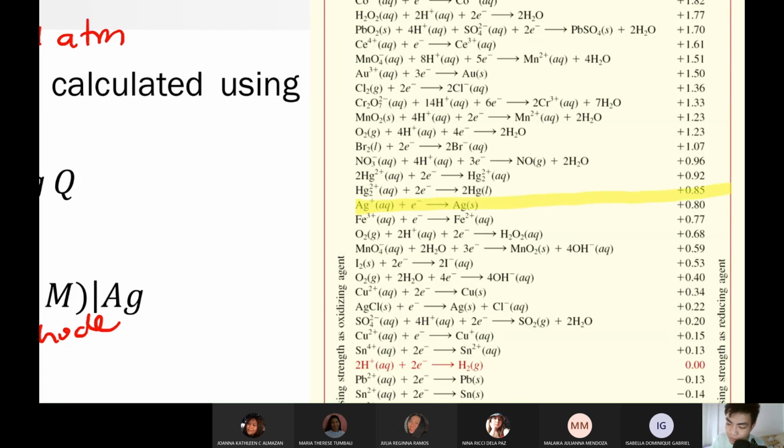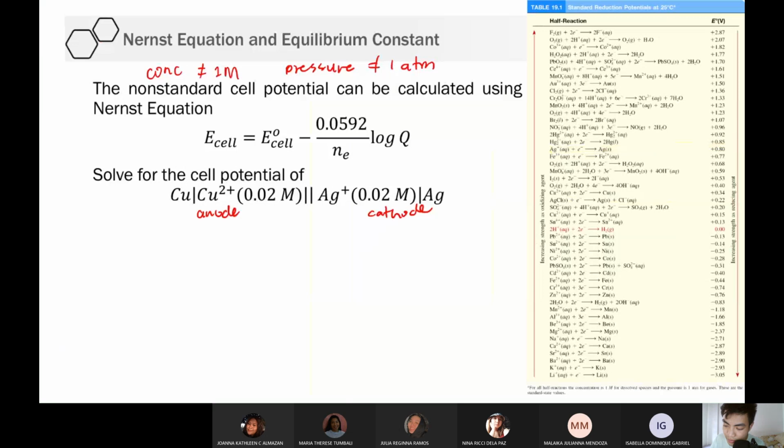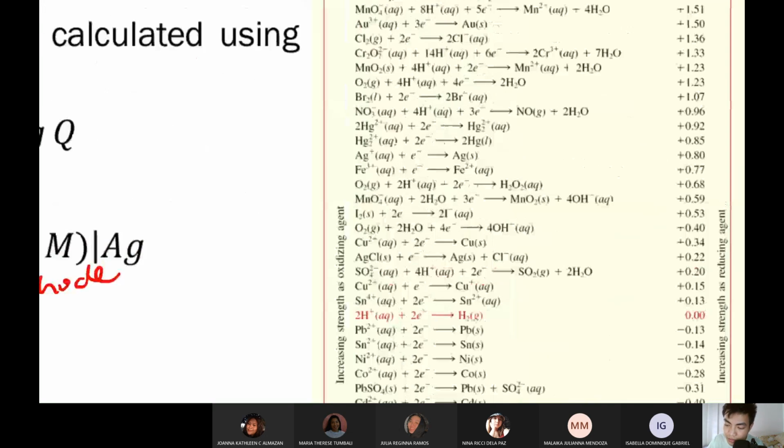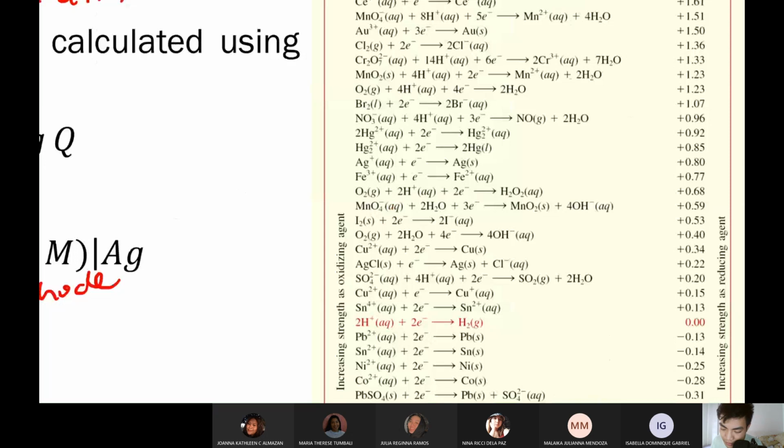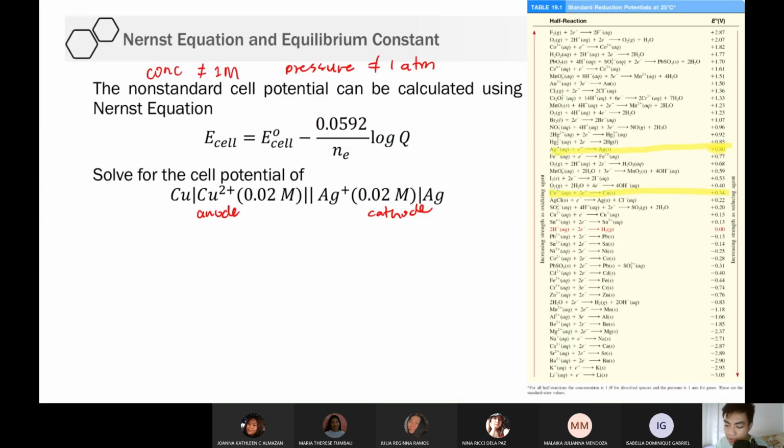Oops. Tumabingi uli yung aking line. Wait lang. Paki-zoom in na lang yung copy nyo ng lesson. Ayan. So kapag non-standard condition, kopyahin mo yung reaction, pati yung cell potential. Okay? So kopyahin natin. Okay, so let's copy that.